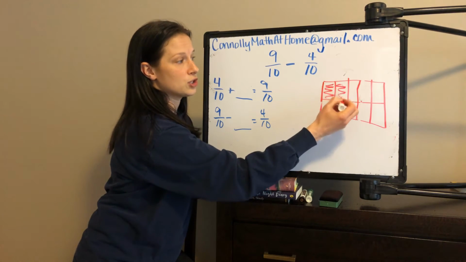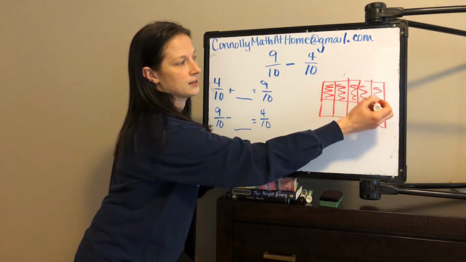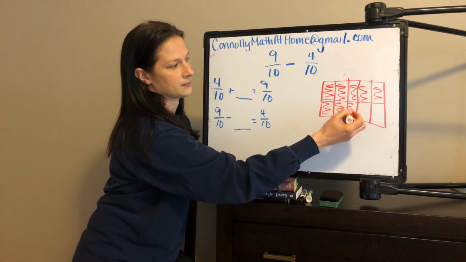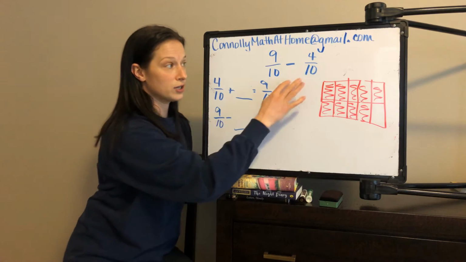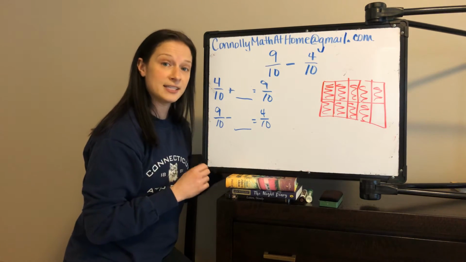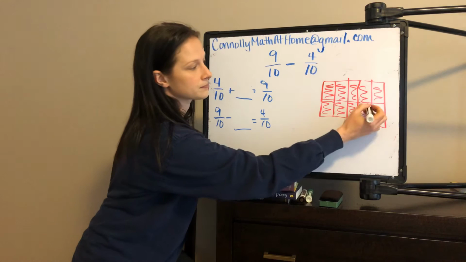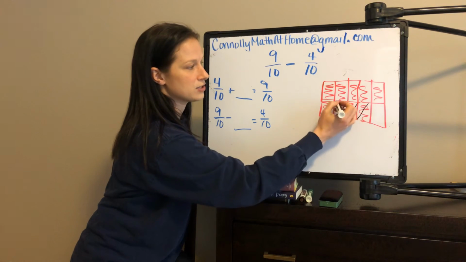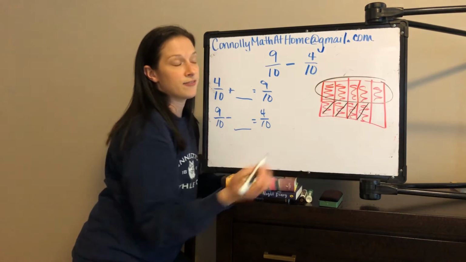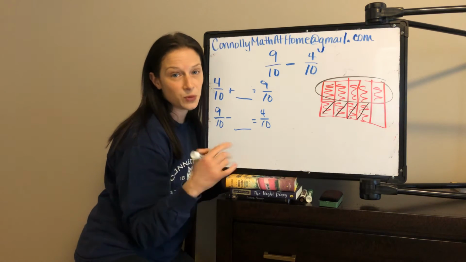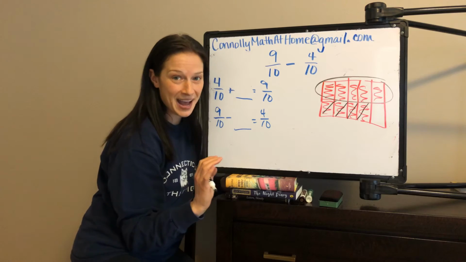Okay, so you can show all 9/10. There they are, 9/10. And you can cross off the 4/10 and see how many are still left. 1/10, 2/10, 3/10, 4/10. And I see here 5/10 are left, which you might also be noticing is equivalent to 1/2.